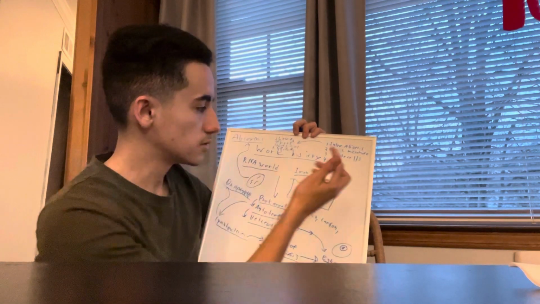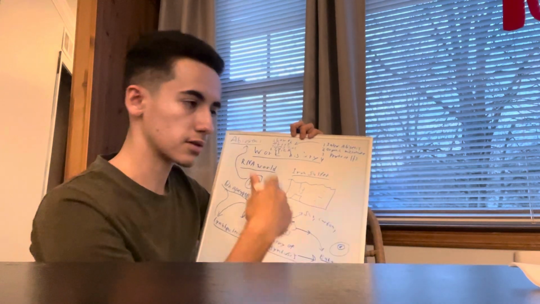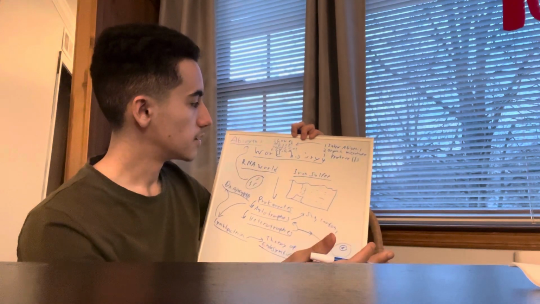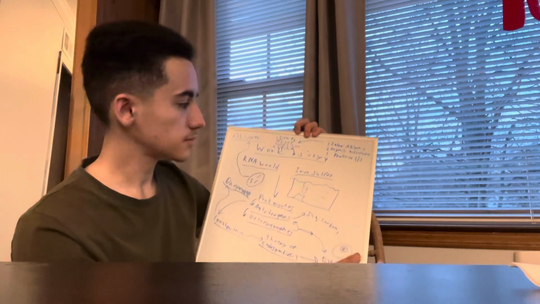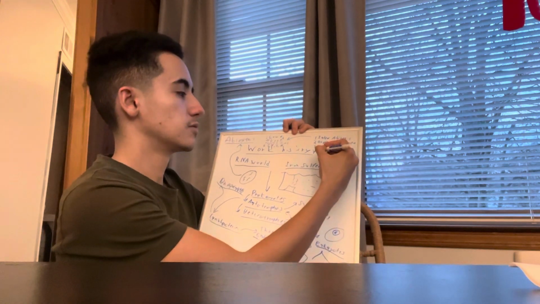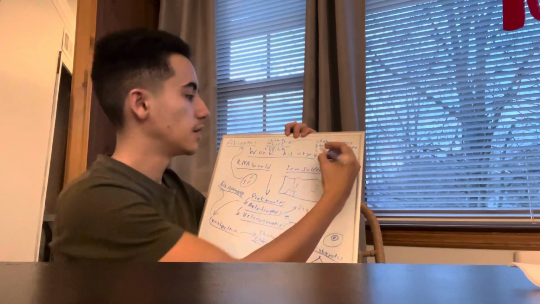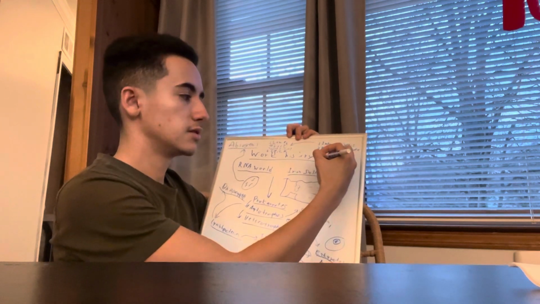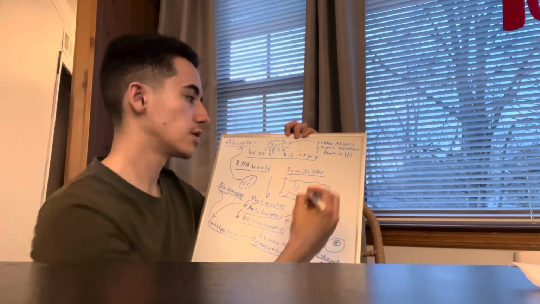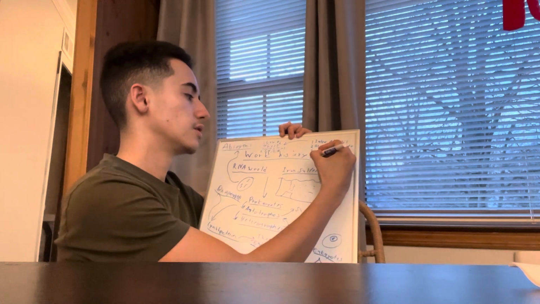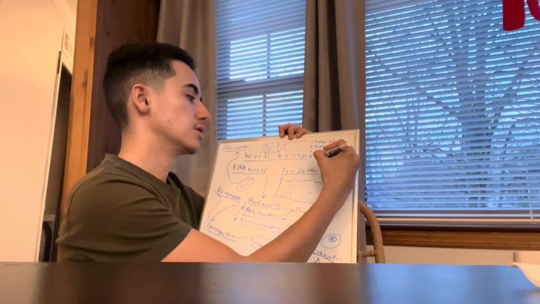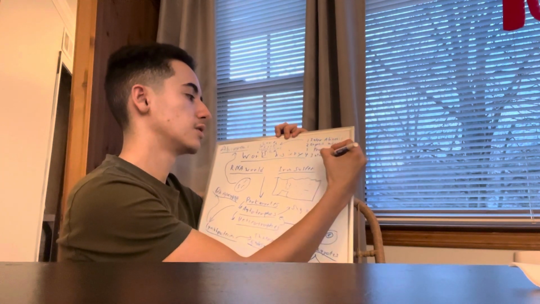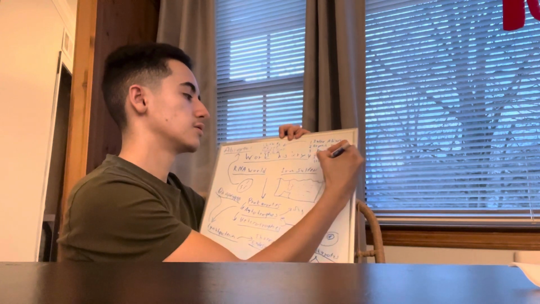And I can also link this back to the fluid mosaic model, while also going over this topic. And lastly, for the steps for abiogenesis, we have the introduction of self-replication.